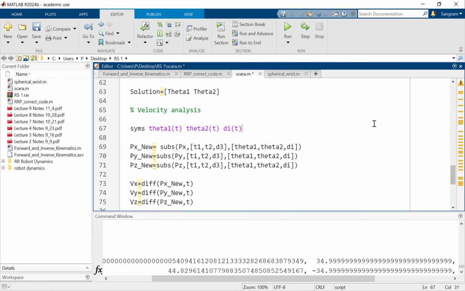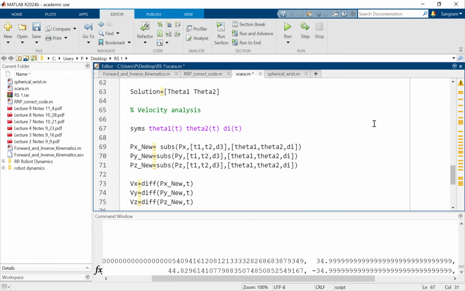I replace t1 by theta1, t2 by theta2, and d3 by d3. So now MATLAB knows Px depends upon theta1, but theta1 depends upon t. Py depends upon theta1 and theta2, but they depend upon t. So finally, when I do the derivative Vx, Vy, Vz, this is my independent variable.